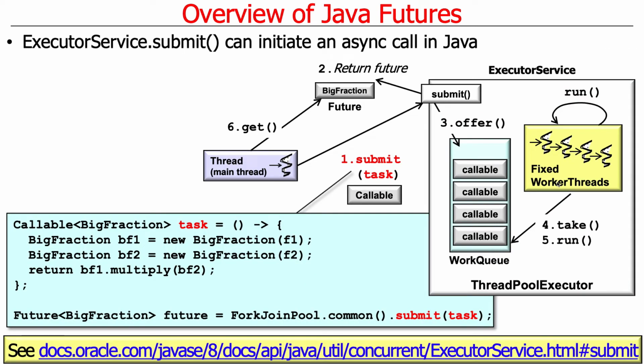So here's an example. The executor service submit operation that I mentioned briefly can be used to submit asynchronous calls in Java. So this is how it works. Let's say we make ourselves a task. You can see that this task is something that's called a callable. And a callable is a very simple functional interface that has a method called call that takes no parameters and returns a value.